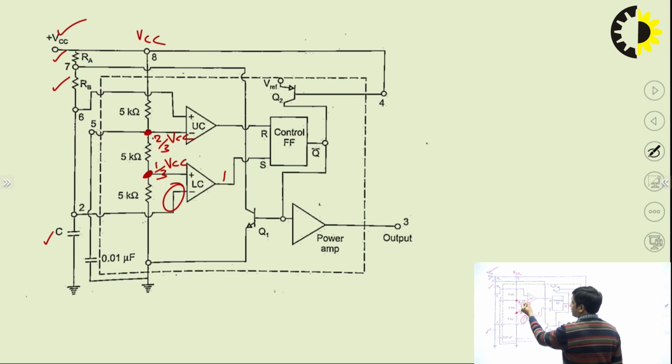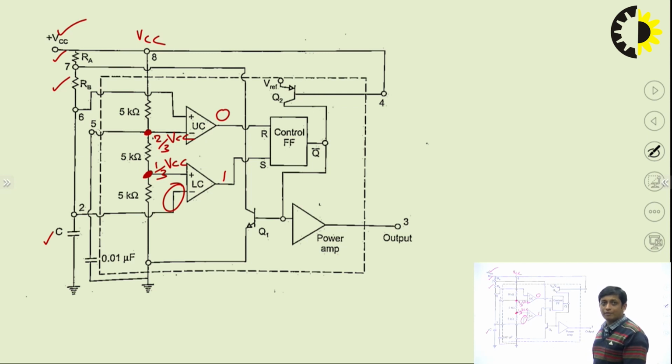So for the upper comparator, the voltage at the inverting terminal is greater, so the output of the upper comparator will be 0. Now S equal to 1, R equal to 0 in the SR flip flop, so it is a set state. So Q will be 1 and Q bar will be 0. So this 0 will come here, and since this power amplifier is basically the inverter, the output will be logic 1. So we will get the high state output, right?